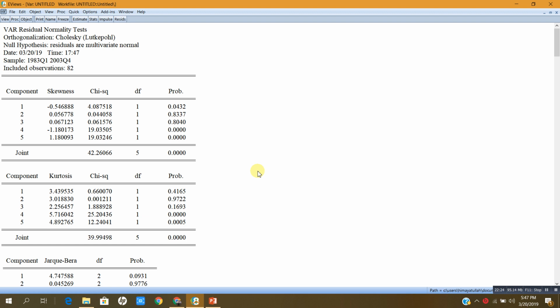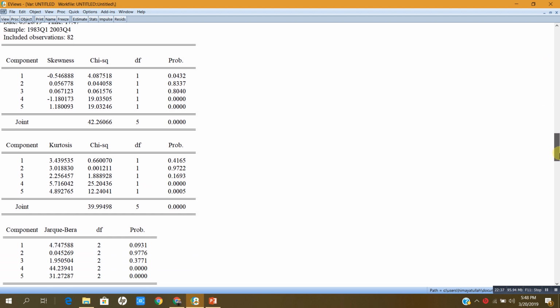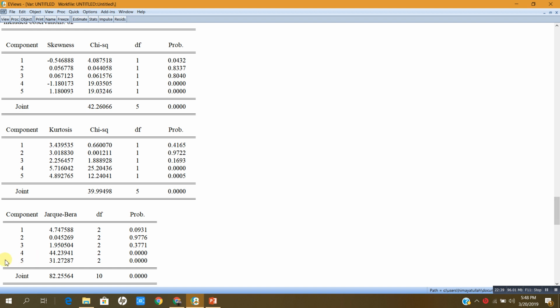So this joint Jarque-Bera test value is 82.25 and its p value is very low, that is much lower than 5%. So it means that the residuals do not follow normality. So there is a problem of normality with the residual term, but on the basis of the serial correlation LM test and the White heteroscedasticity test, it showed that there is no serial correlation and no heteroscedasticity.